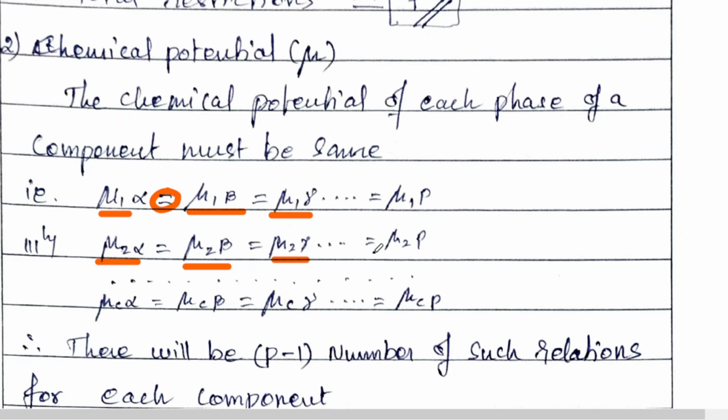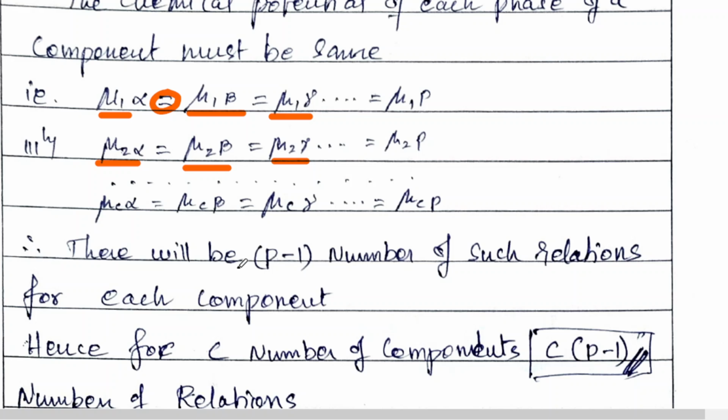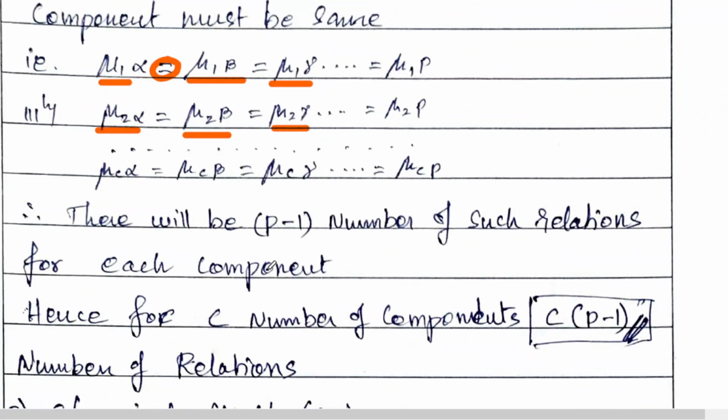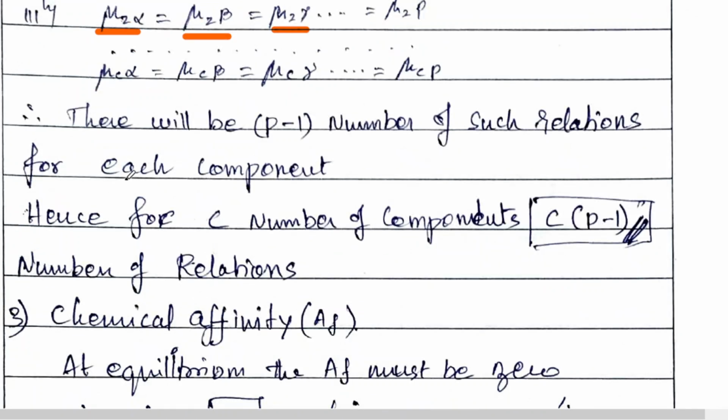Okay, you can write similar relations, and totally there will be p minus 1 number of such relations for each component. If you write it in equation form, I will explain that on a separate paper.